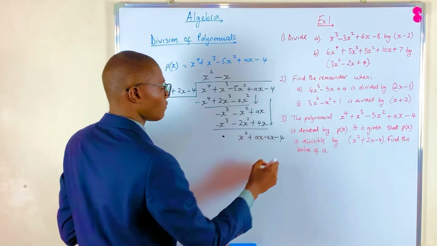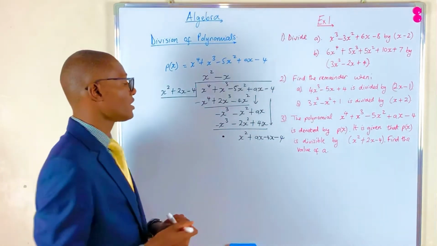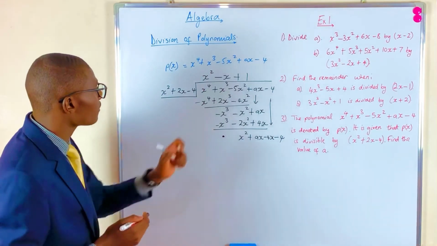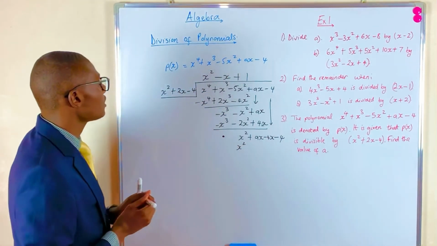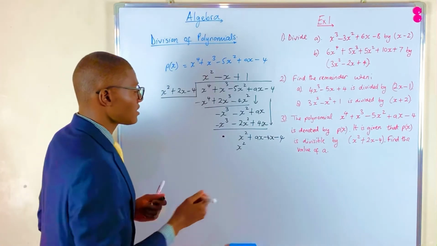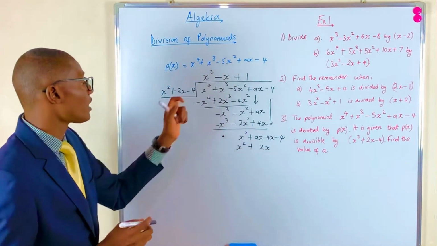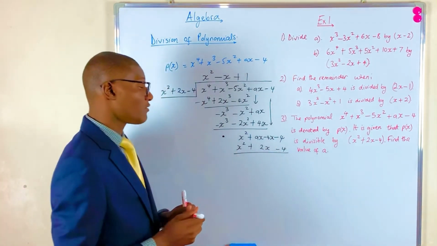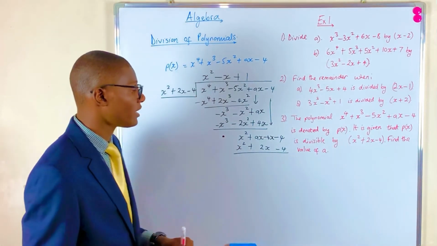So minus 4. Okay. And now we're saying x squared into x squared, that will give us a plus 1, right? And then 1 times x squared, that's x squared. And 1 times 2x, that's plus 2x, right? And then 1 times minus 4, that's minus 4. Then now if you carry out the subtraction, this will give us a 0, right?